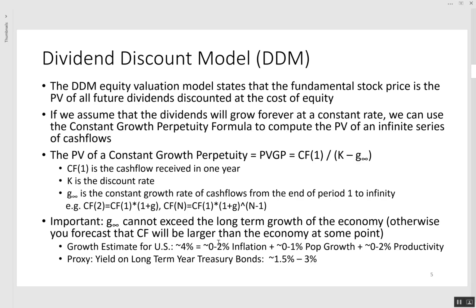Now it's important when we're using the growth perpetuity formula on a cash flow, you have to ensure that the infinite growth rate that you assume is no larger than the growth of the economy. Because if you assume that the growth of the cash flow is going to be greater than the growth of the economy, you are then forecasting that that cash flow will be larger than the economy at some date.